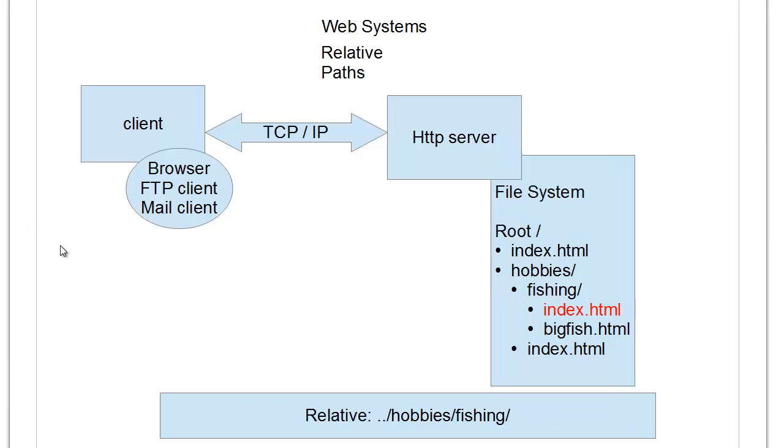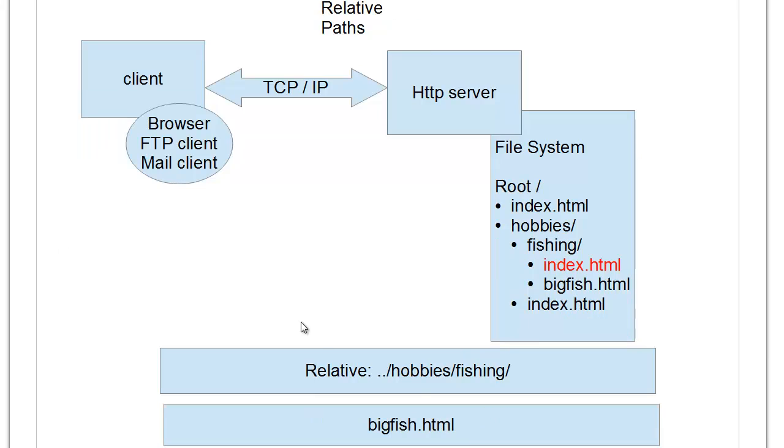Now we're talking about relative paths. And again, let's take from the idea that we are trying to get to index.html. So from anywhere in my site, if I want to use a relative URL, I need to have a path that will get it there. Now in this case, let's say that I was at the hobbies index.html or some other file somewhere in the file system if it is more complicated.